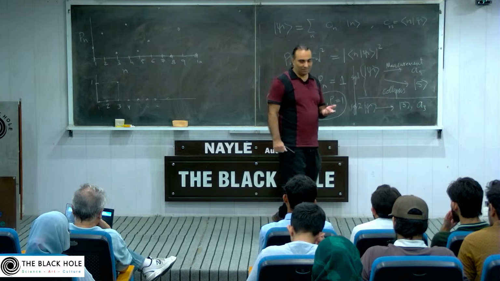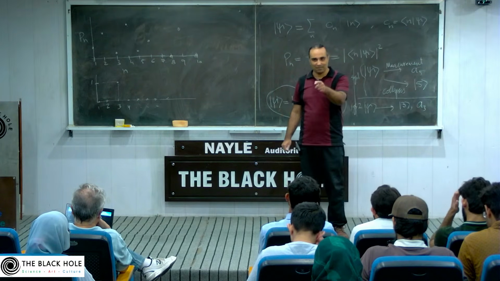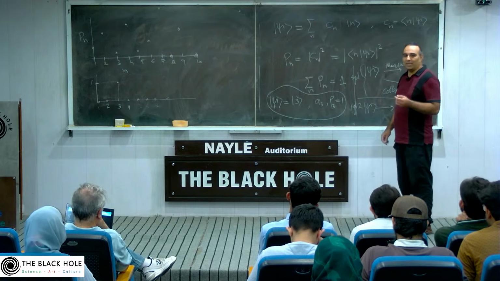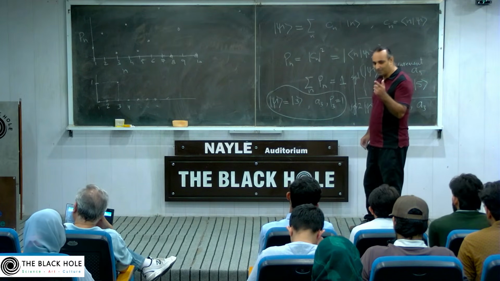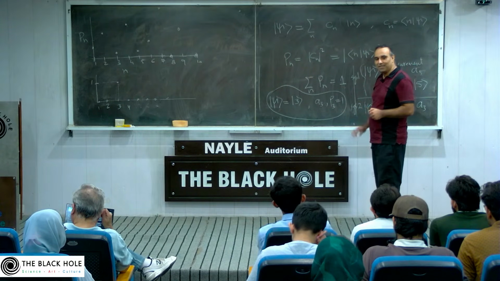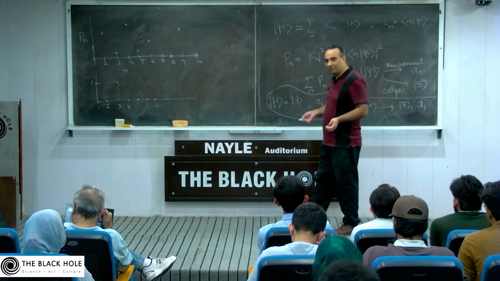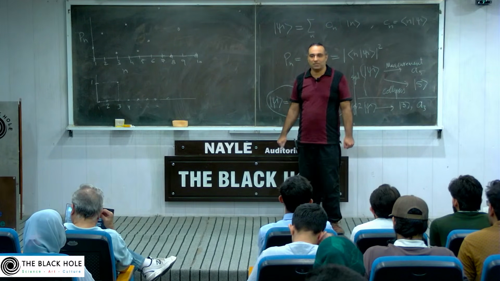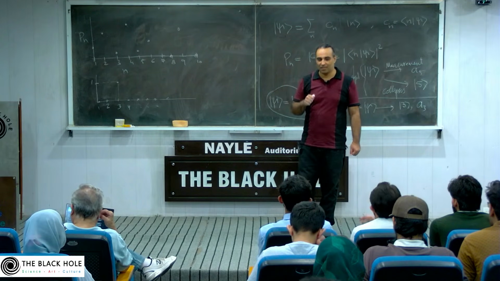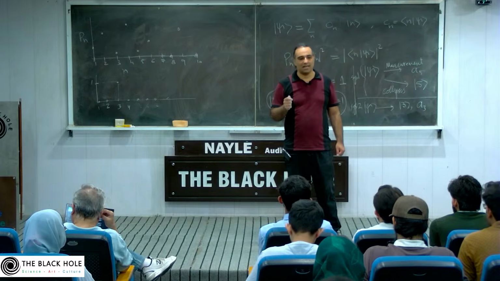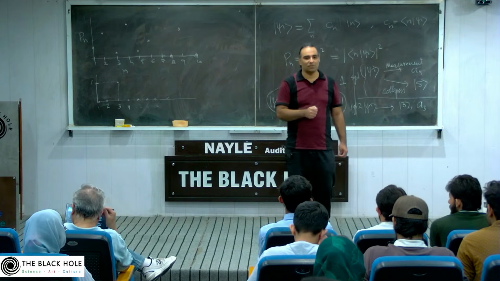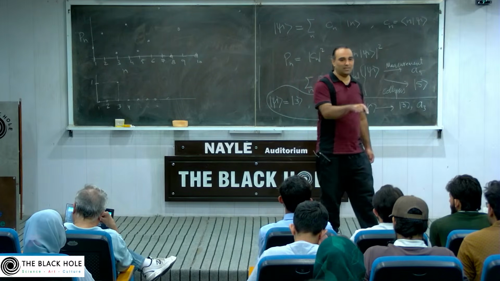You are certain that this system has this value for this observable, and it's definitely that value. In such cases, we can say that the system is in that eigenstate, and this state has a definite value for that number. So it's certain, it's definitely that value.